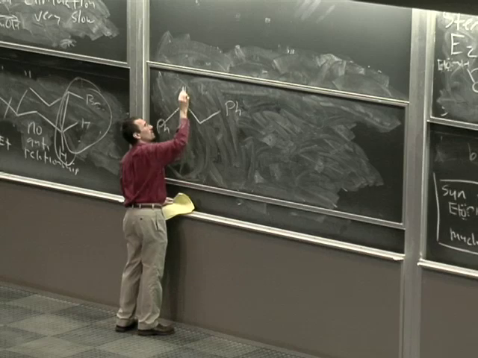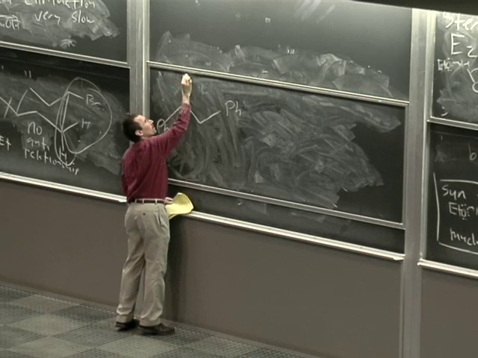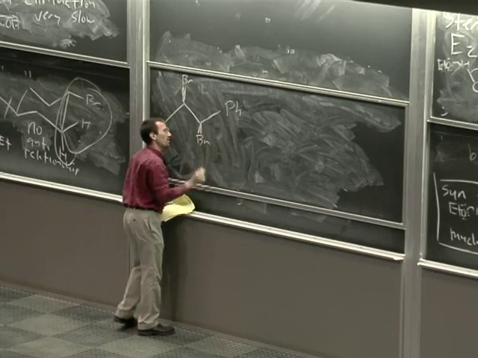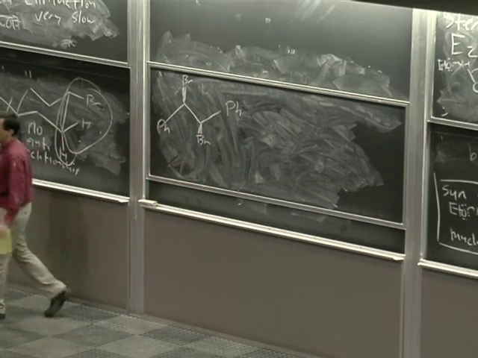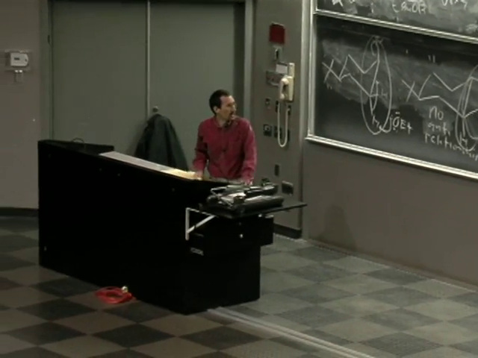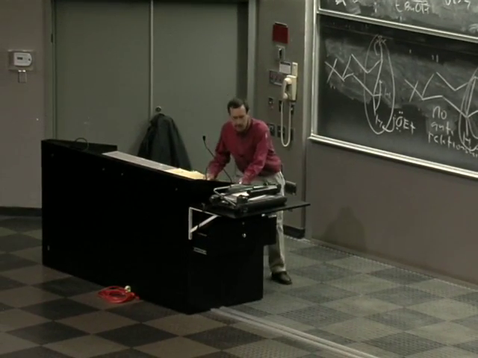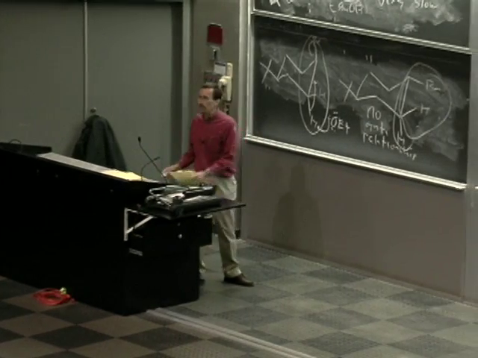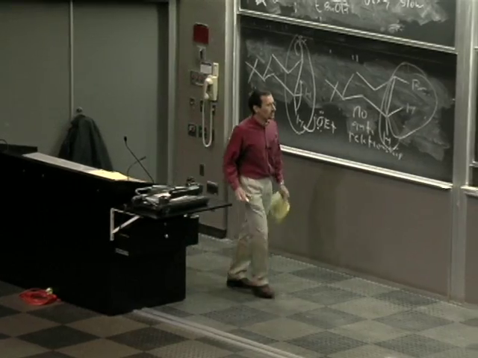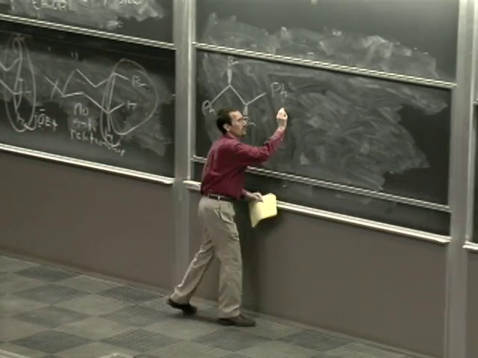I'll draw out the 1S,2S stereoisomer of this chiral compound. I could also draw out the 1R,2R stereoisomer. And we're going to see what happens if we treat this stereoisomer with potassium tert-butoxide and tert-butanol.